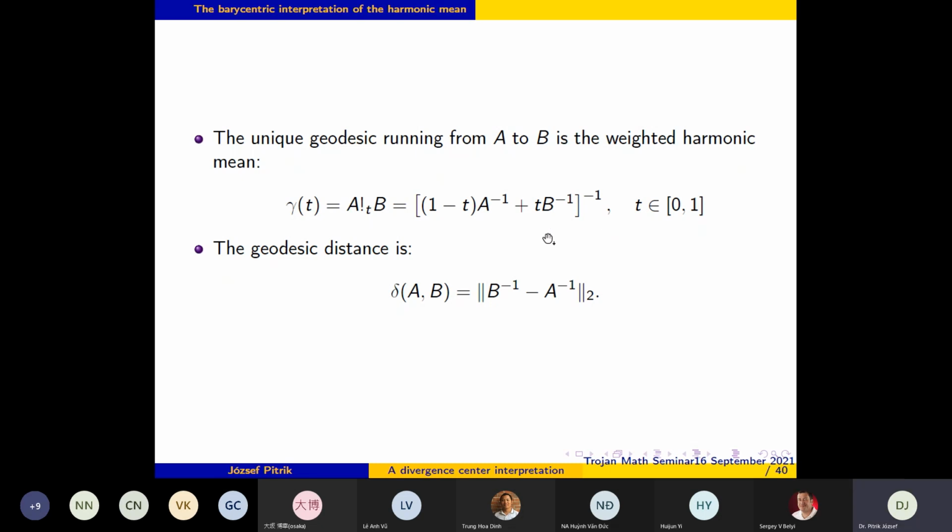And we can also compute the geodesic distance in this case, that is equal to the norm of B^{-1} minus A^{-1}.